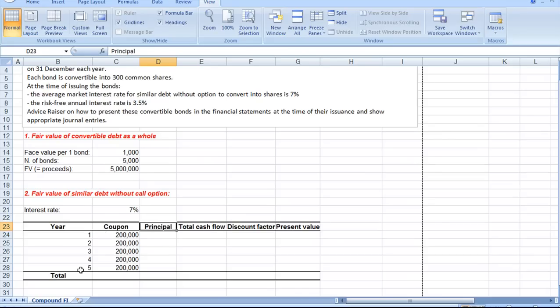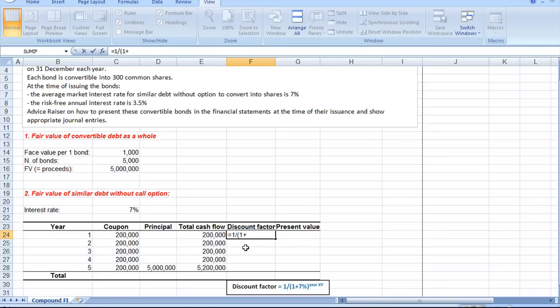In the next column, we have the repayment of principal. As the principal would be paid after 5 years at similar bond, it is 5 million in the last year only. And in the next column, we can calculate total cash flows as the sum of coupon payment and principal repayment. Then we need to calculate discount factor at 7% for each year of cash flow using the formula, this one.